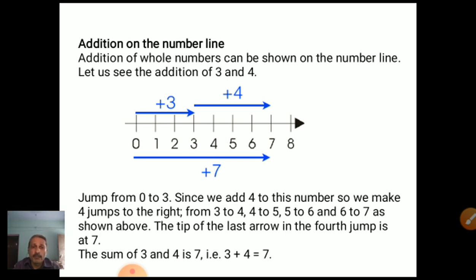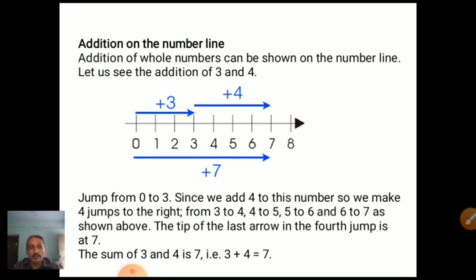Why? See, we jump from 0 to 3 since we add 4 to the number. So we make 4 jumps to the right side. Why right side? Because addition moves to the right side.